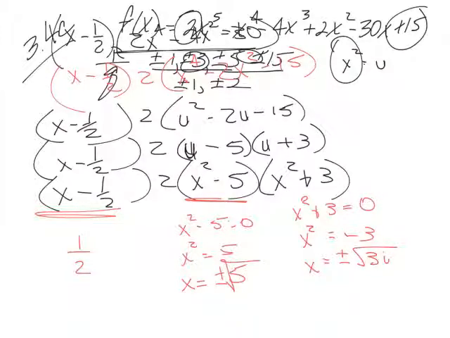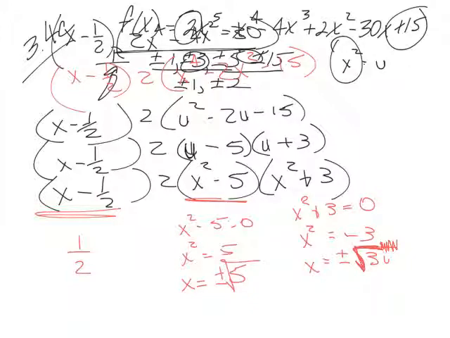That actually needs to be written so the radical does not go over the i. It's just the square root of 3 and then the i. So anyway, those are my roots.